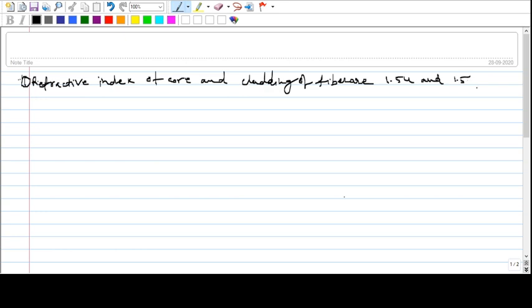Calculate the numerical aperture and maximum acceptance angle. This is the given problem. Now, solution.